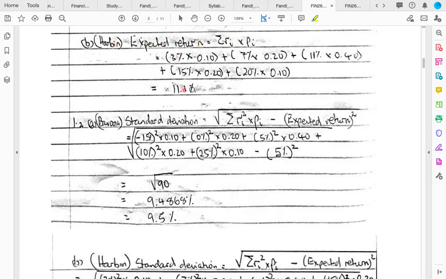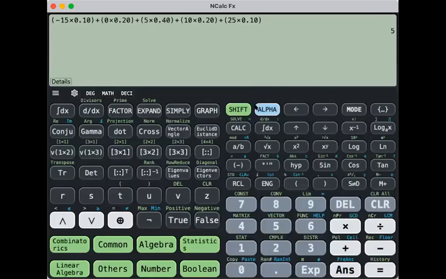Okay, so let's do that. Let's go to the calculator. Again, always remember to clear your calculator. And then now we enter the values. Remember, open bracket, minus 15, close bracket, squared. There'll be an X squared button on most calculators, so you can press that one to square.